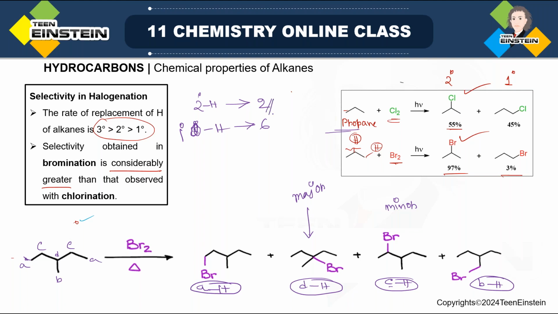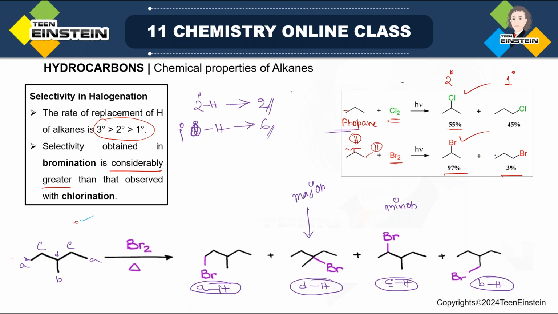But in number, if you compare, the 2 degree is still 1/3 of the 1 degree hydrogen. So from a statistical point of view, the chance of getting the replacement of terminal hydrogen is also very high if you simply omit the fact of stability.